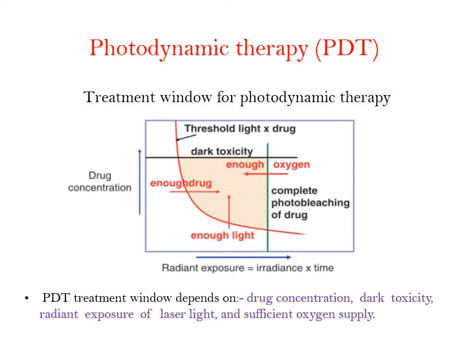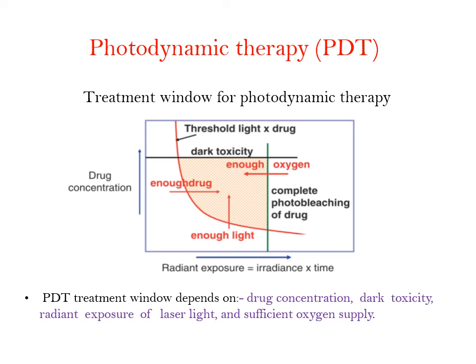There is a concept called a treatment window in photodynamic therapy. This treatment window is a window with enough drug concentration, enough exposure time, and enough oxygen. Beyond this treatment window, photodynamic therapy will be dangerous.